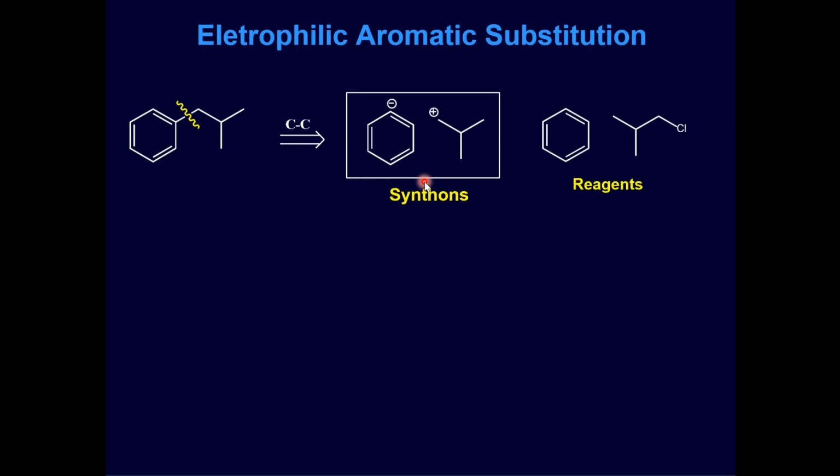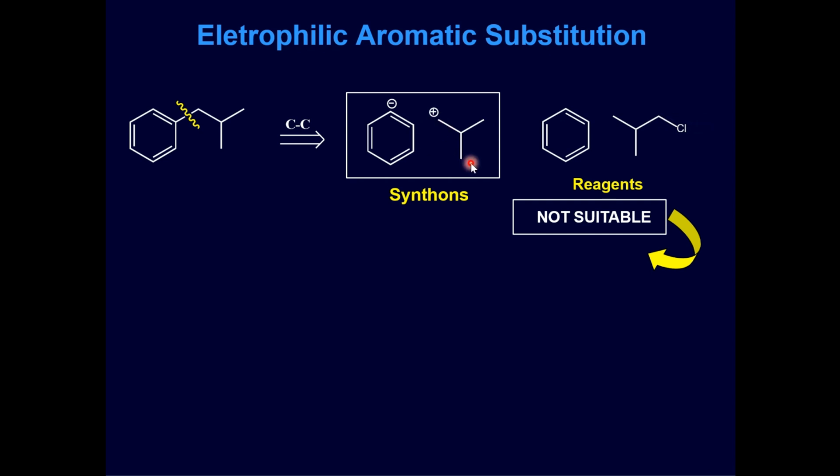However, there is a possibility of rearrangement. Once this breaks, AlCl3 reacts with chlorine to give AlCl4 minus and the plus over here. This becomes the primary carbocation.